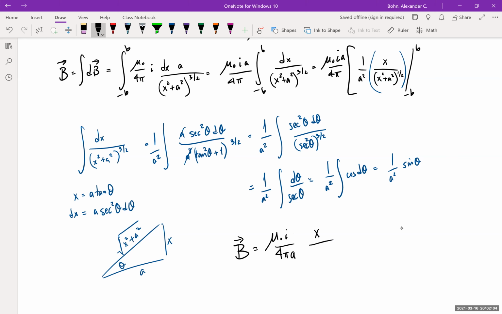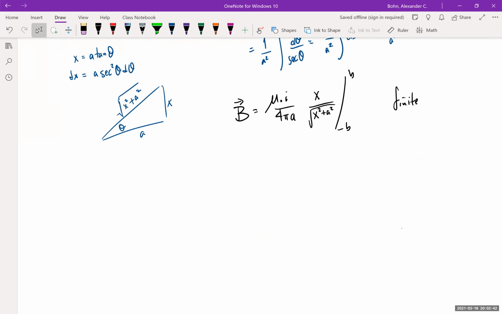And we're evaluating x from negative B to B. But we wanted this to be a long, straight current carrying conductor. B, for our purposes, might as well be infinite. Strictly speaking, this is the answer for a finite linear conductor.